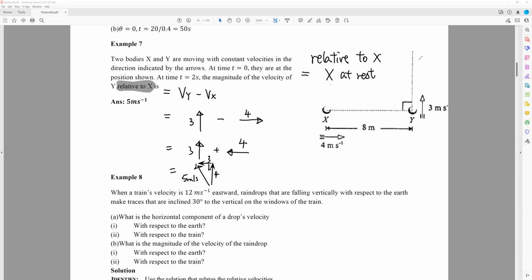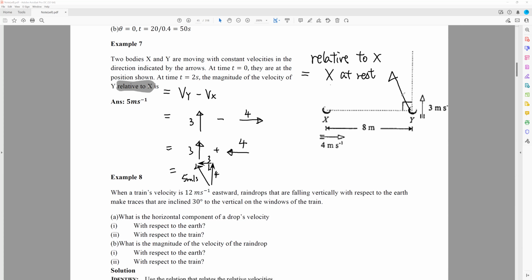Now, even if you're running on the ground, in your reference frame, relative to you, the velocity of you relative to you will still be zero. We're not talking about the velocity of you relative to the ground. We're talking about the velocity of you relative to you. So you just consider x to be at rest, and y is moving at this velocity relative to x.